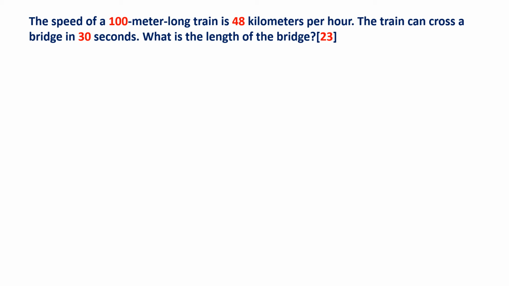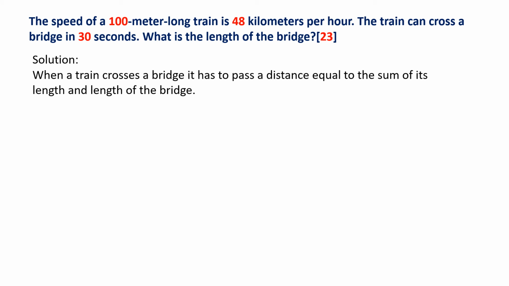In this case, the length of the train is 100 meters, the length of the bridge is to be determined, and the speed of the train is 48 kilometers per hour. That means in 1 hour the train travels 48 kilometers, right? And that train crosses a bridge in 30 seconds. When a train crosses a bridge, it has to pass a distance equal to the sum of its length and the length of the bridge.